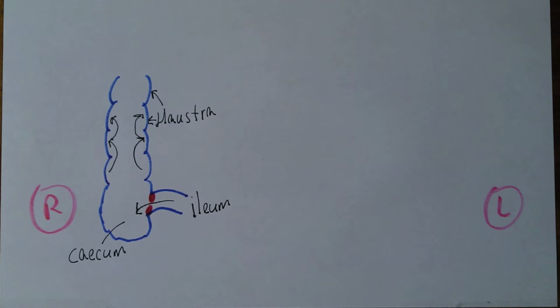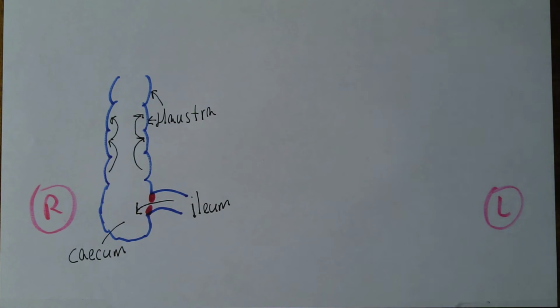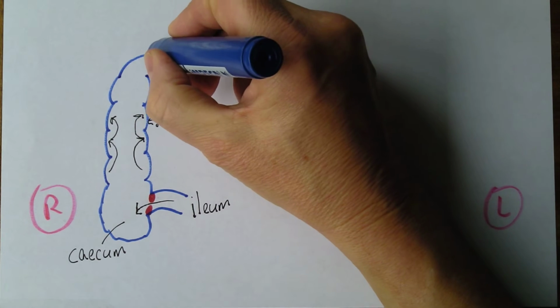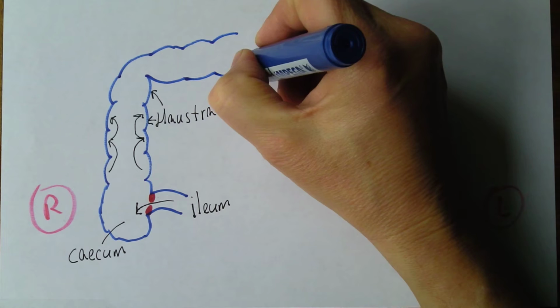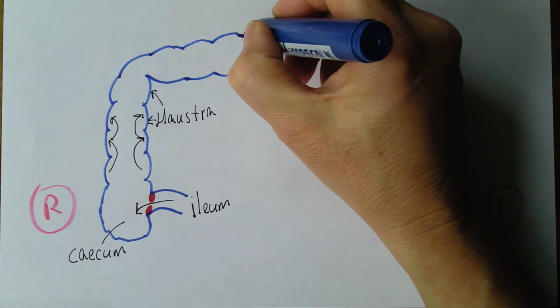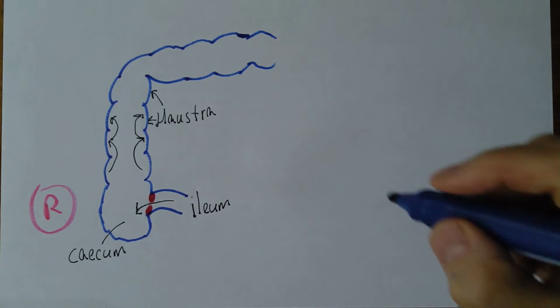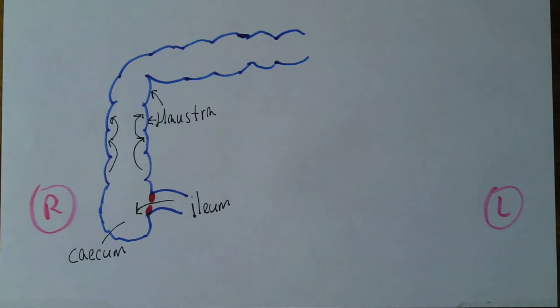Now, as this goes up the way, if it carried on up here, being on the right side, it would bump into the liver, and we don't want that. So it makes a turn here, and then it goes along, going from the right towards the left. Along there like that.